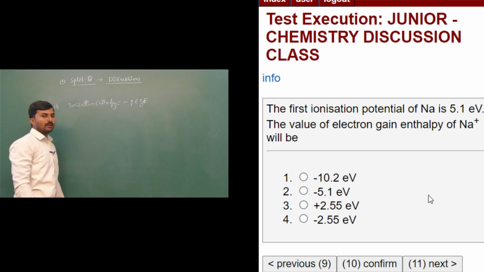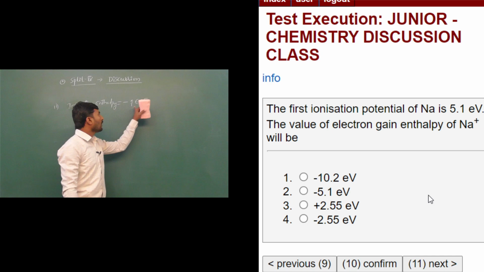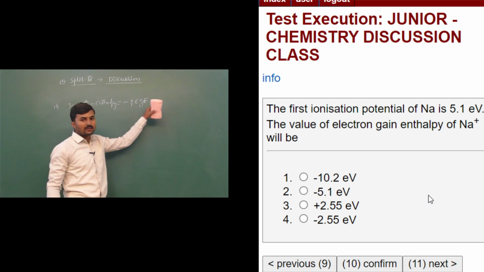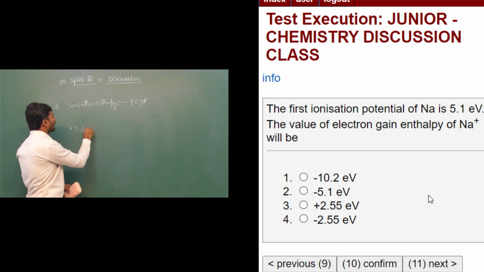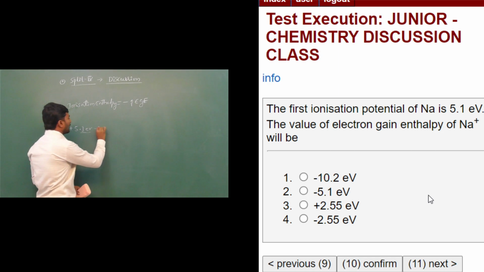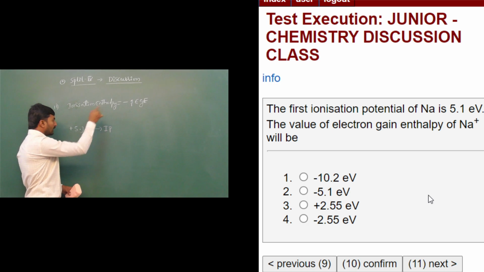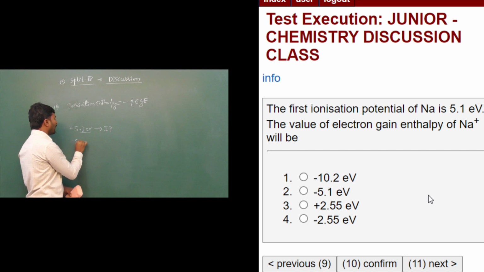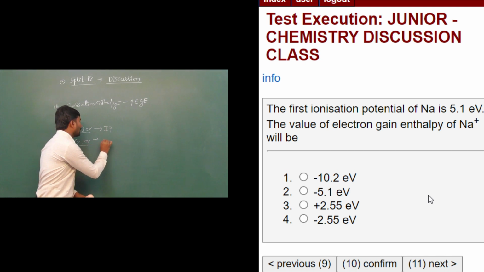So this is the simple relation: ionization enthalpy is the negative of electron gain enthalpy. The value of ionization potential is given as plus 5.1 electron volts. At the same time, the value of electron gain enthalpy will become minus 5.1 electron volts.